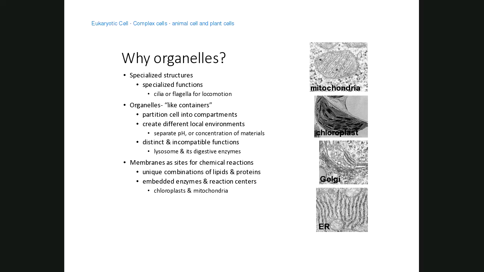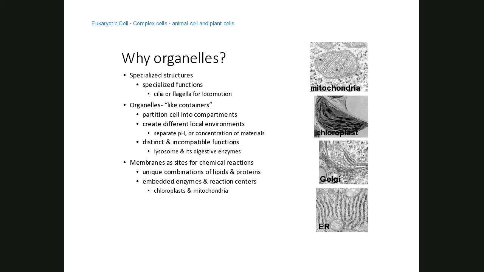You would have to kind of compartmentalize the different factories or the different parts inside that cell, because you don't want to mix your different apparatuses that are going on. So if you've got a digestive enzyme, you don't want that loose because it's going to digest the whole cell away. So you want to put it in this little tiny container and have it do its digestive job inside its little container, hence inside its organelle.